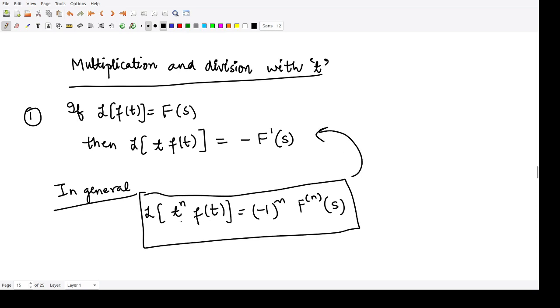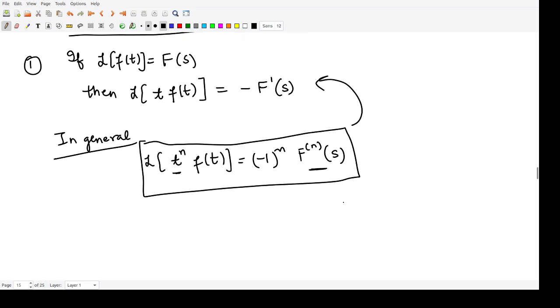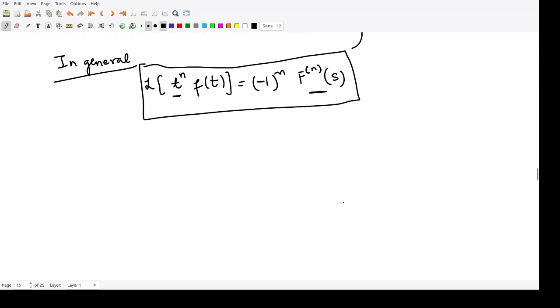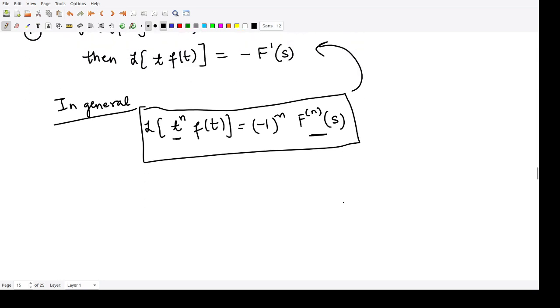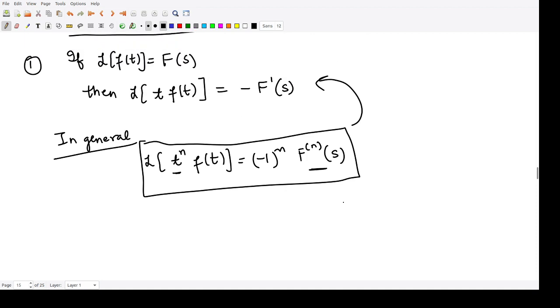Now you see, whenever you multiply by t, you have the derivative over here, and when you divide by t, you would have integration as a result. So before moving further, let us first try to prove how this is true.